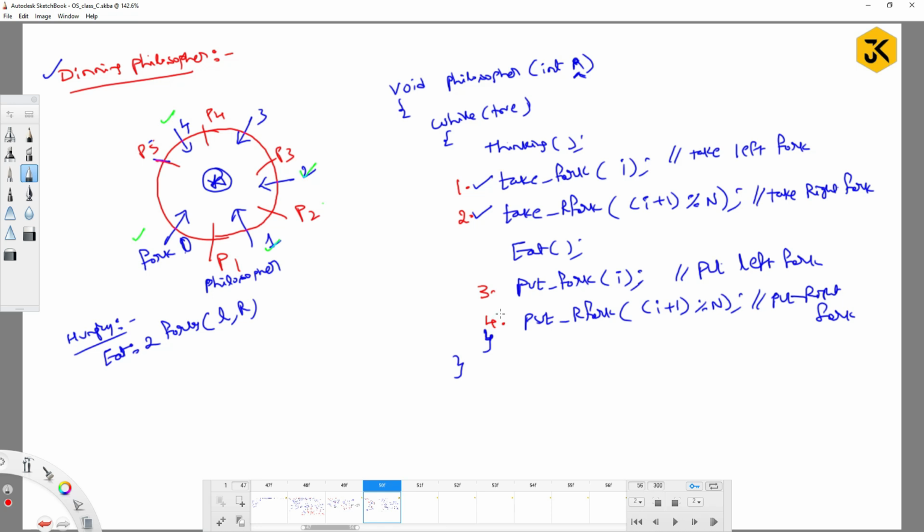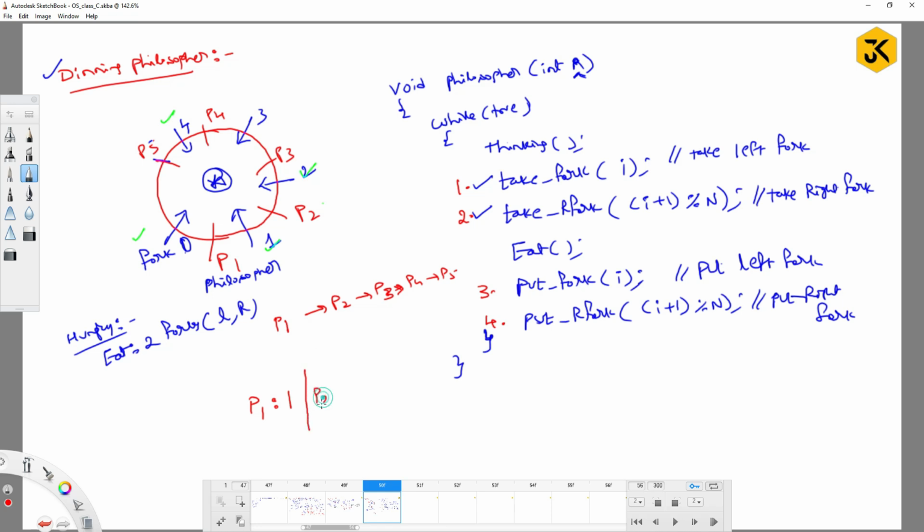Suppose they executed sequentially, P1 completed first, then P2, then P3, then P4, then P5, there won't be any problem because they are cooperative with each other. Suppose for example they are competitive. If they are competitive, how will it be? Process P1 executes the first instruction, and it is preempted.